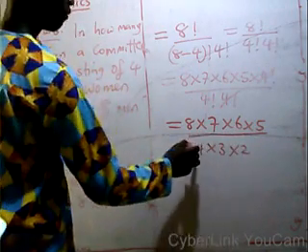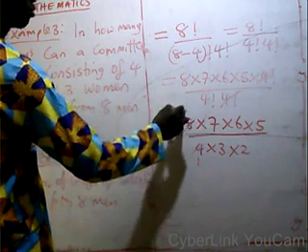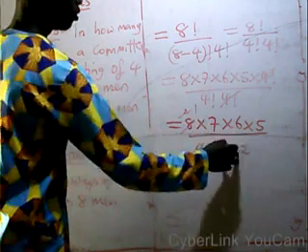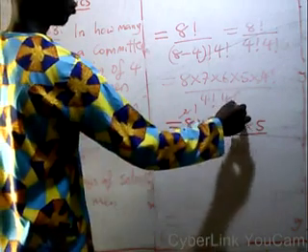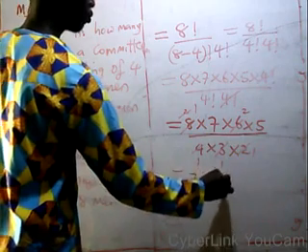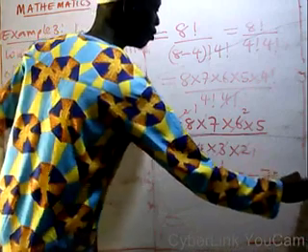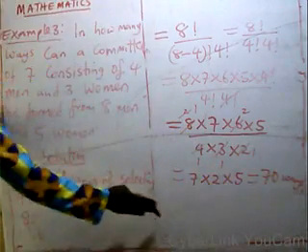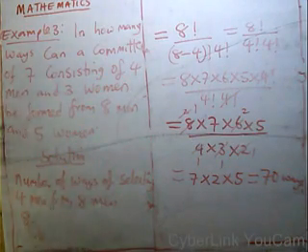So here, 4 here, 1, 4 here, 2, 2 here, 1, 3 here, 1, 3 here, 2. So I'm going to have 7 times 2 times 5, which is equal to 70 ways. So the number of ways of selecting 4 men from 8 men is 70 ways.